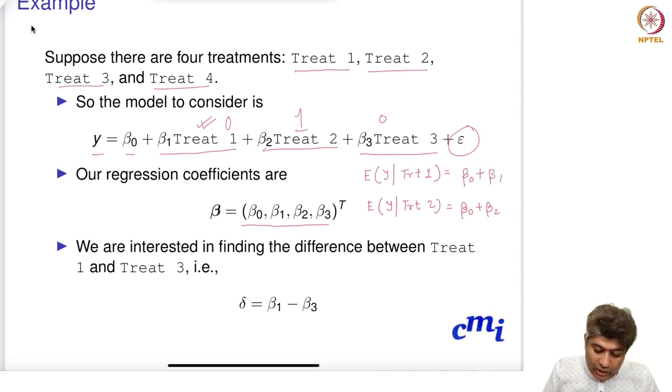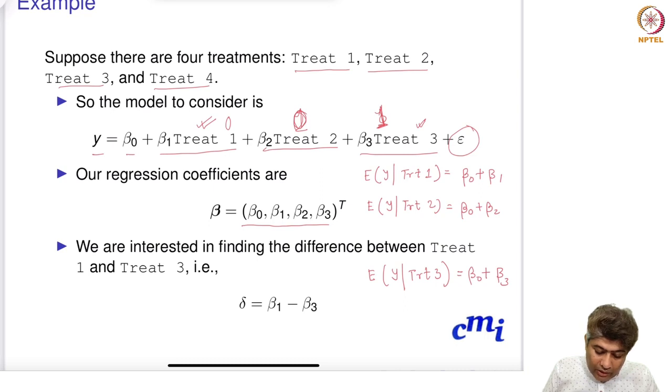Now if you are interested in the expected value of y for treatment 3, then in the same way I will take treatment 1 and 2 as 0, and make treatment 3 as 1, and that will give me beta naught plus beta 3.